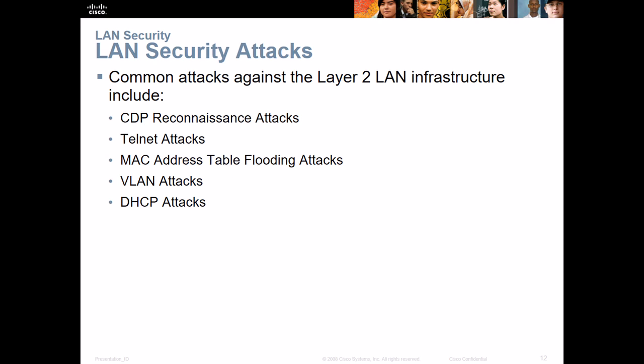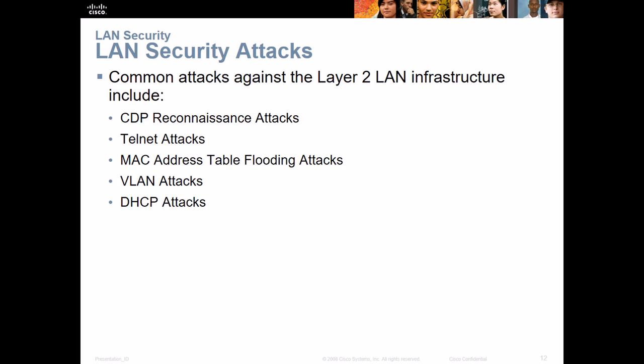MAC address table flooding attack. The MAC address table, as you probably already know, keeps track of the MAC addresses in the switch and which ports they are connected to. So what I could do is flood the MAC address table with bogus MAC addresses, and then nobody will be able to send their frames.